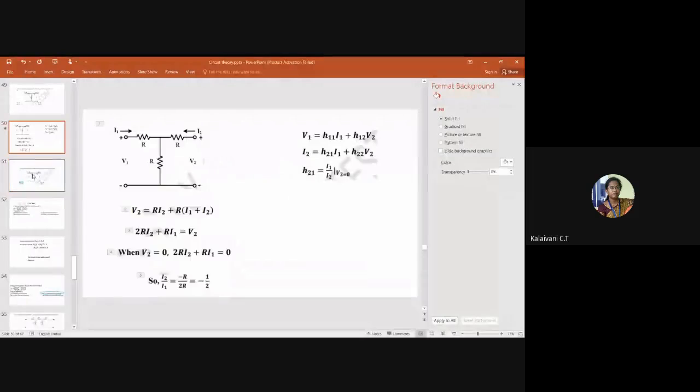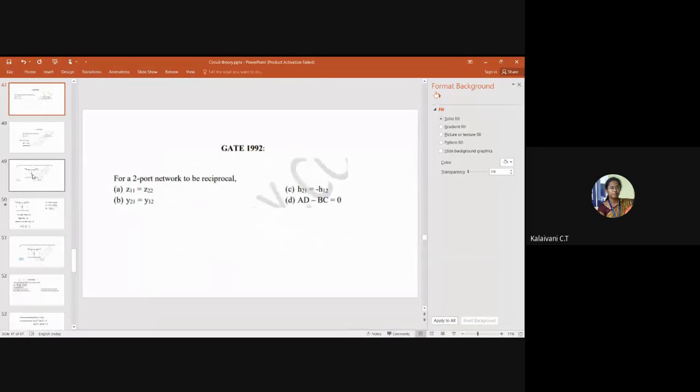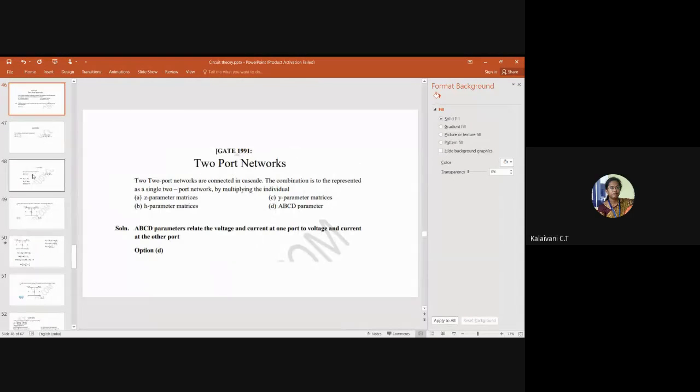So sorry, I think my connection was disconnected. So I don't know from where my connection was disconnected.